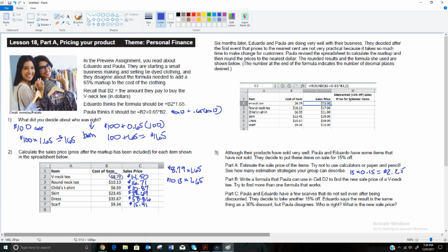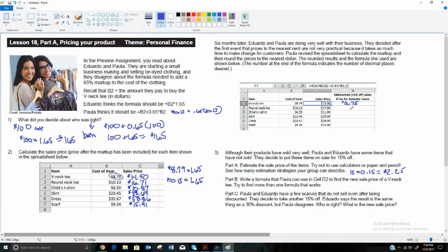So if I start with $15 and I want to discount that, then that would end up at $12.75. And then you would keep doing that for all of these. So 17 times 0.15 and subtract that off.